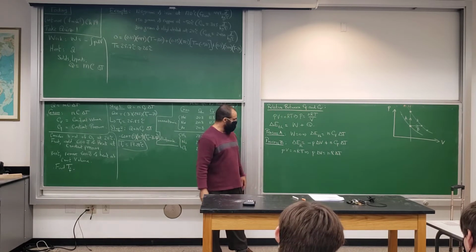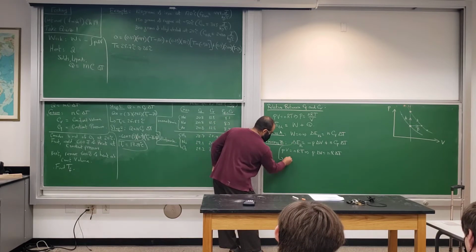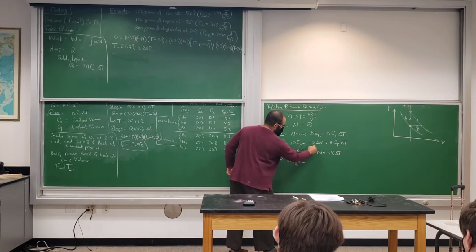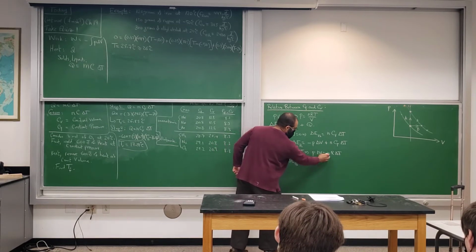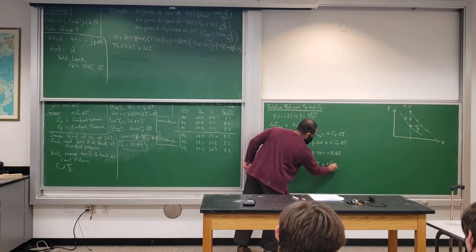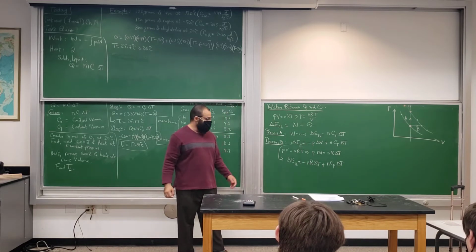So take this equation, now I have delta E thermal will be minus P delta V, but P delta V is n R delta T, plus n C P delta T.